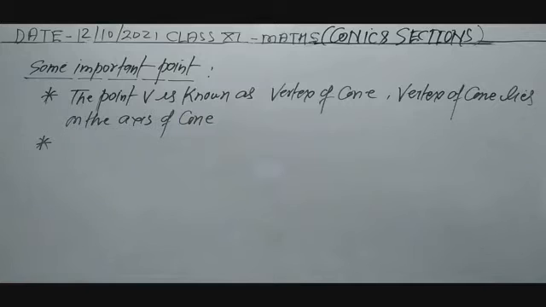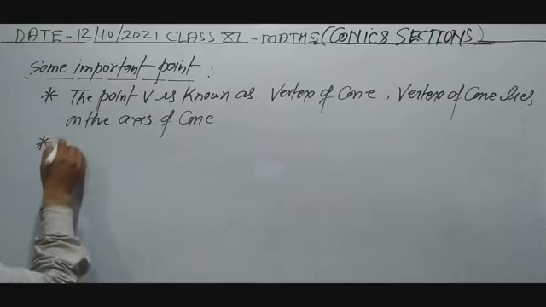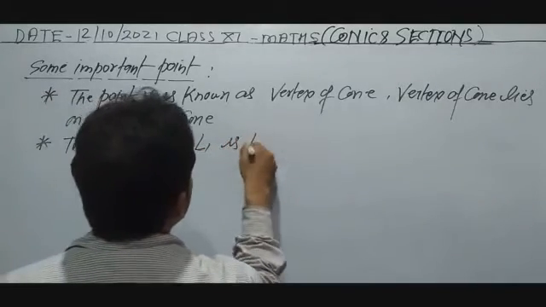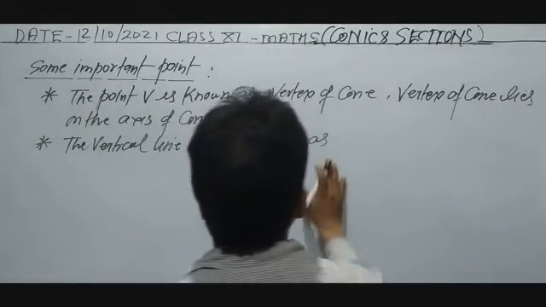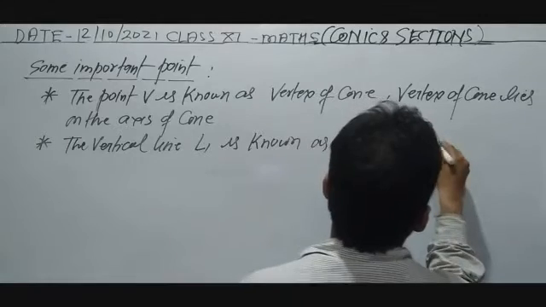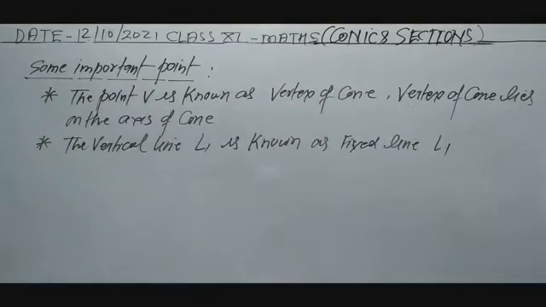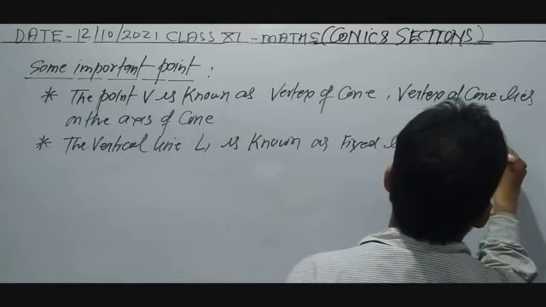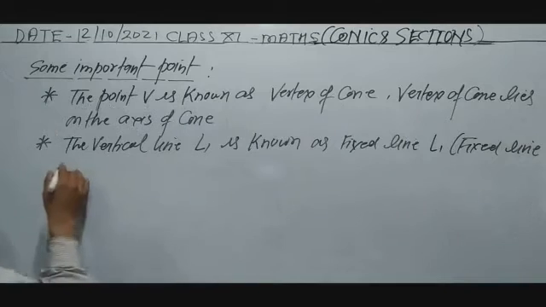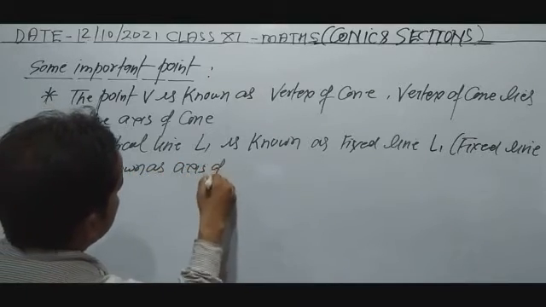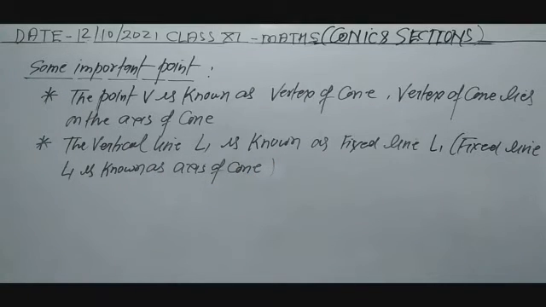Now the second point. From the figure it is clear that the vertical line L1 is known as the fixed line, and the fixed line L1 is known as the axis of cone.